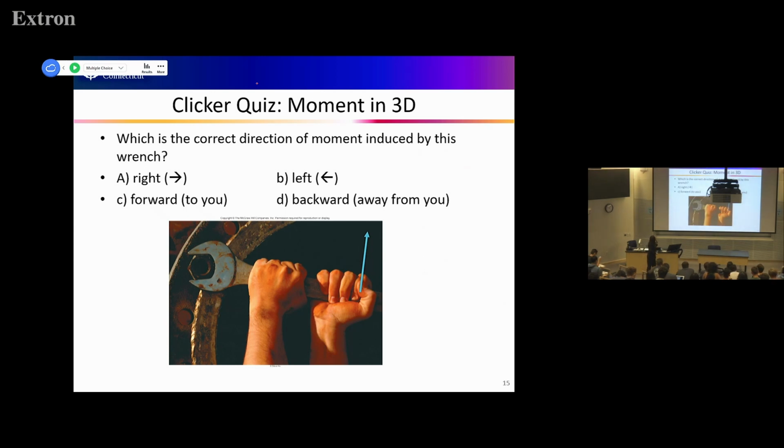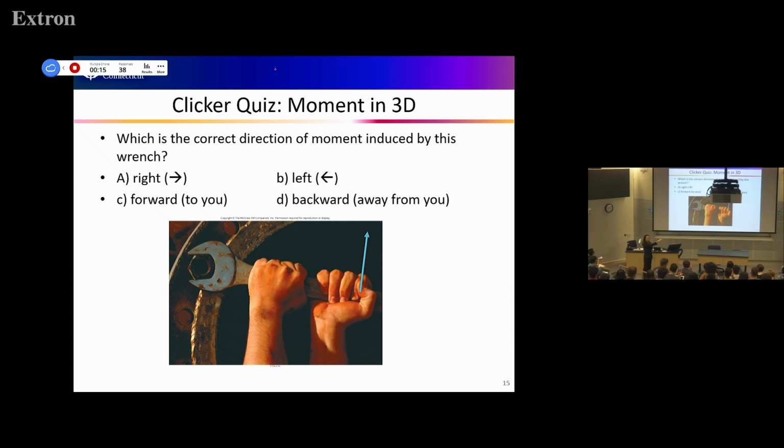And then clicker quiz. Which is the correct direction of movement induced by this wrench? This is practice to find the direction of the cross product. So I initiate, and then use your right hand. What is the position vector from the bolt to the force?